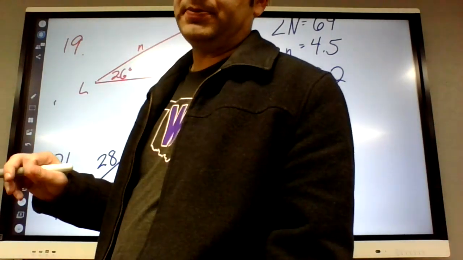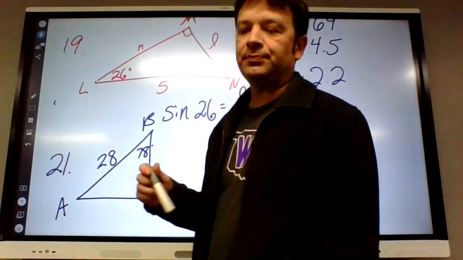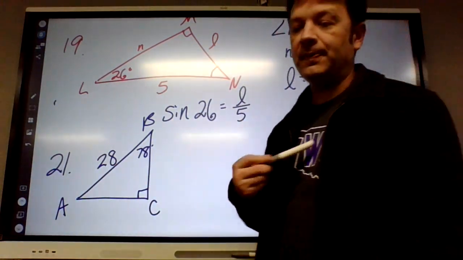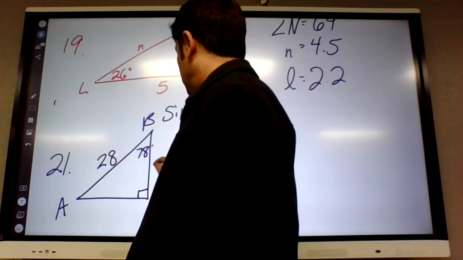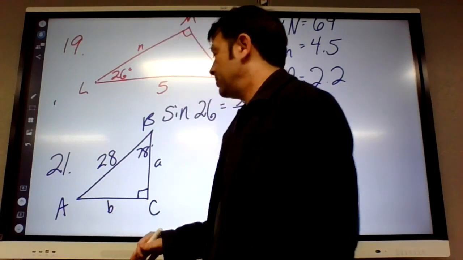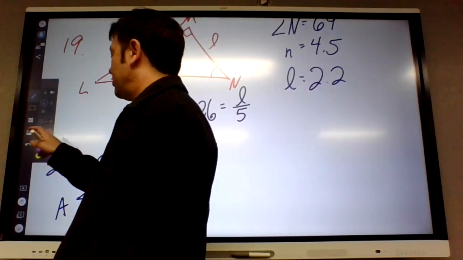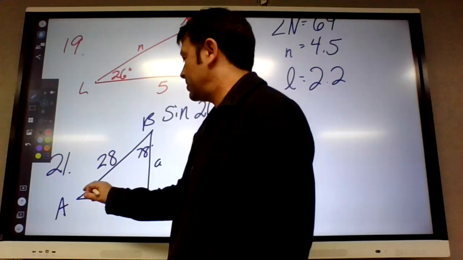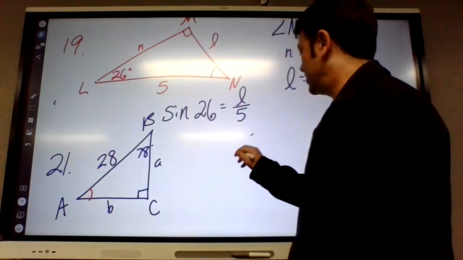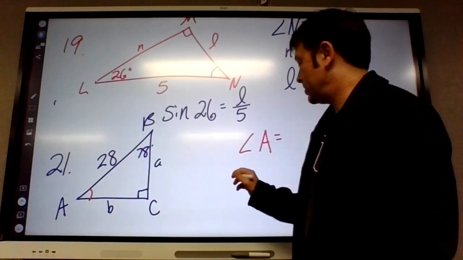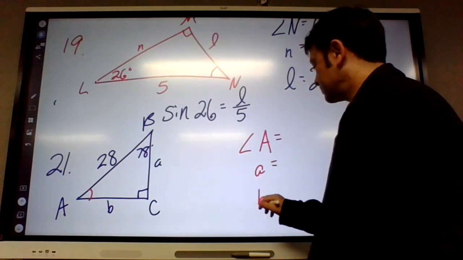Not for 21. On 20 you can. Are you looking at 20 or 21? Okay. So we're missing, on all these we're missing 3 things. You guys notice that? So on 21 we're missing angle A, side B.